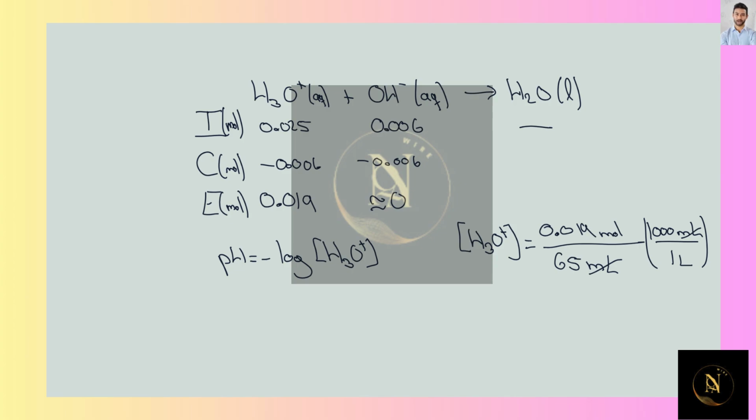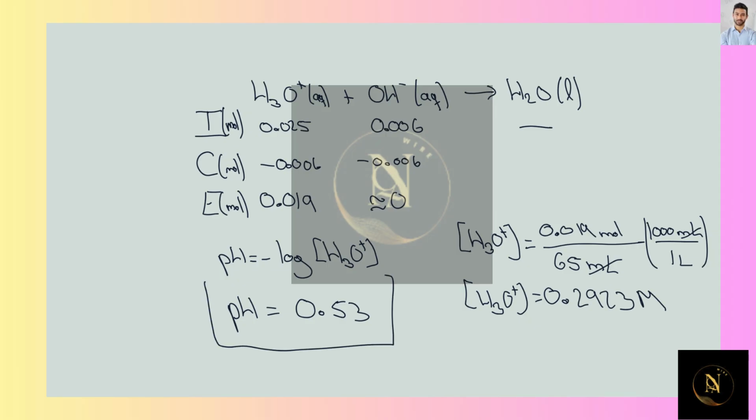So the result is going to be a concentration of H3O plus of 0.2923 molar, which in turn, after taking the logarithm and taking the negative value, is going to give us a pH of 0.53. And that would be our final pH for this solution.